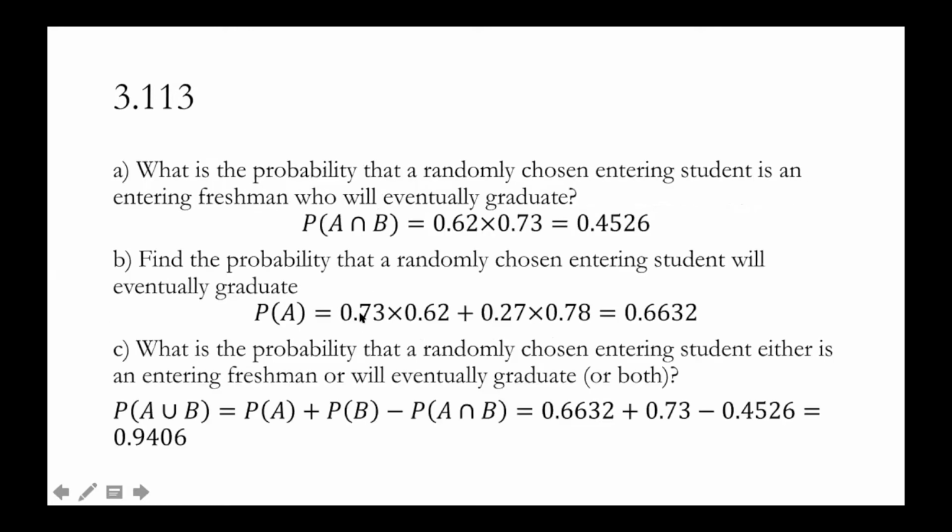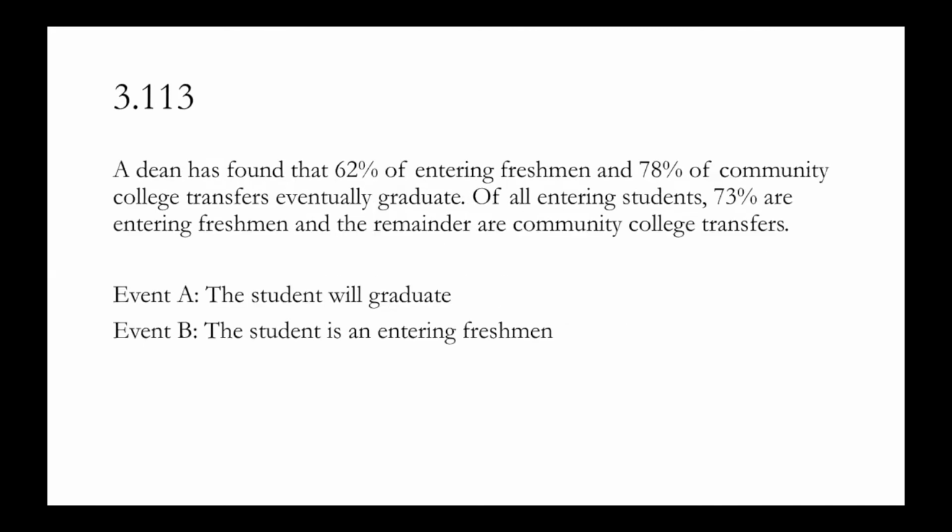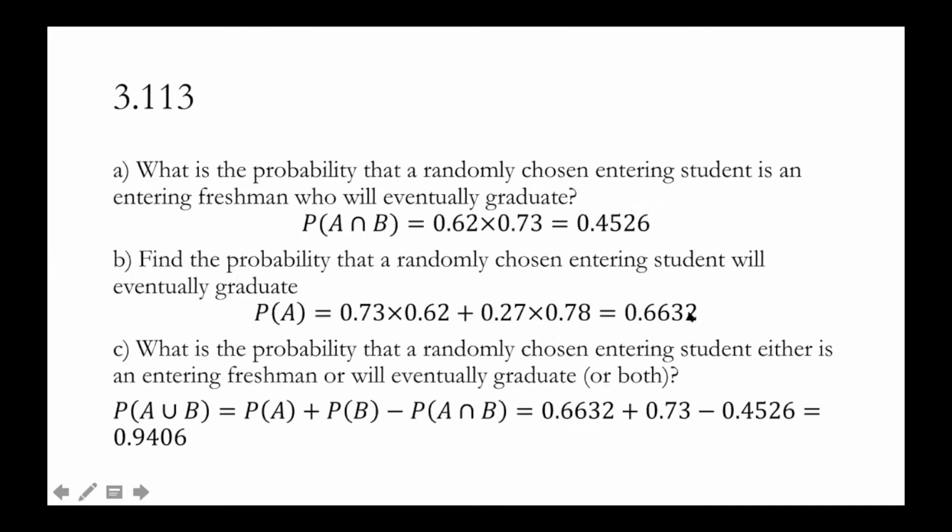So then you take the probability of graduating as entering freshmen, plus the probability of being a community college transfer times the probability of graduating. And you should receive approximately 63.6%.